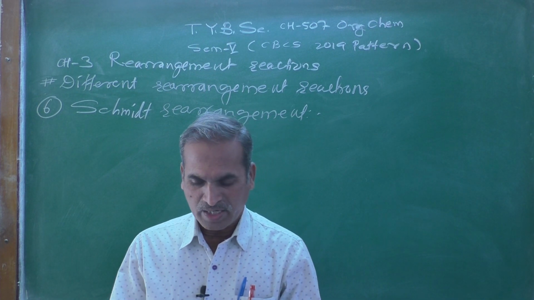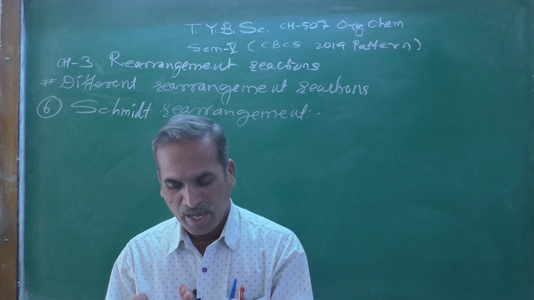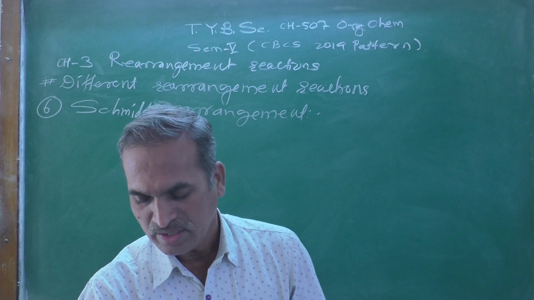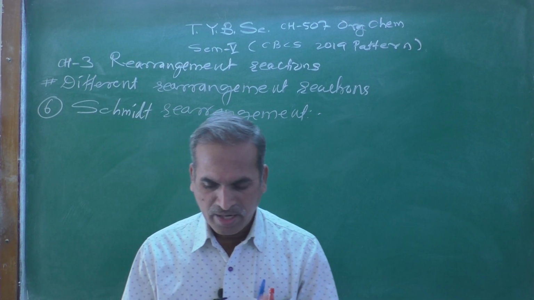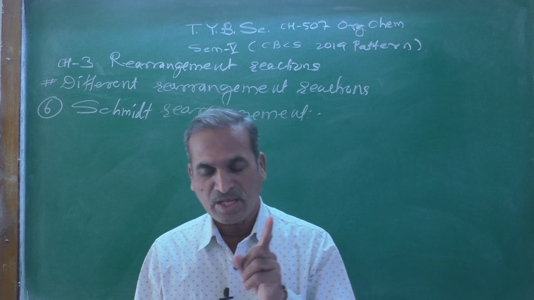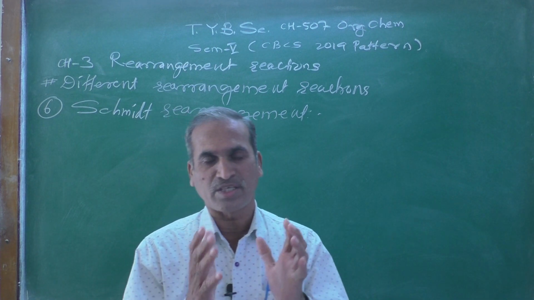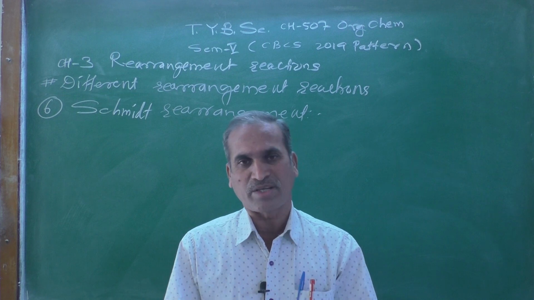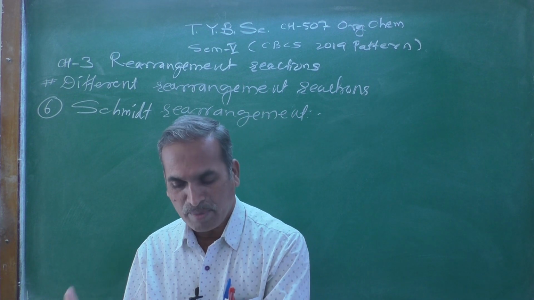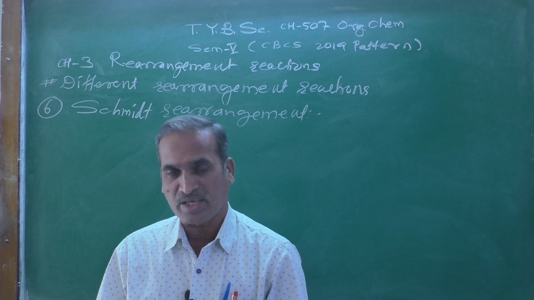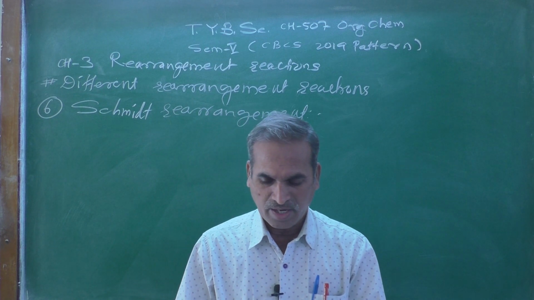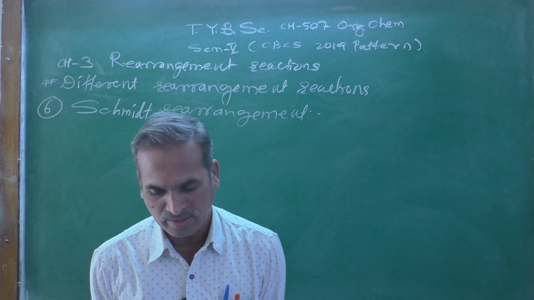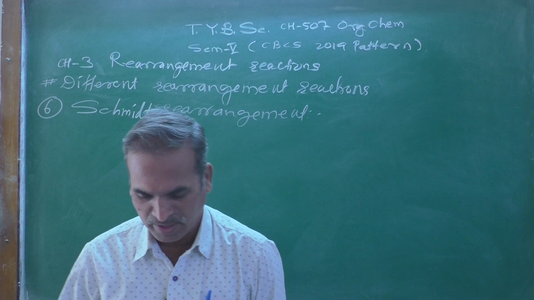Conversion of a carboxylic acid to a primary amine having one carbon atom less in a single step by reaction with hydrazoic acid in the presence of concentrated sulfuric acid is known as the Schmidt reaction. See the definition once again: conversion of a carboxylic acid to an amine having one carbon atom less in a single step by reaction with hydrazoic acid in the presence of concentrated sulfuric acid is known as the Schmidt reaction or the Schmidt rearrangement reaction.